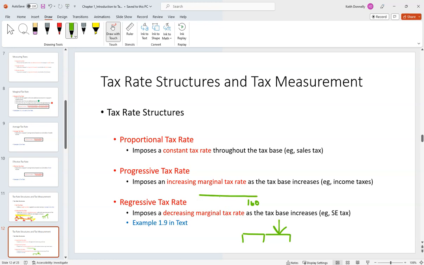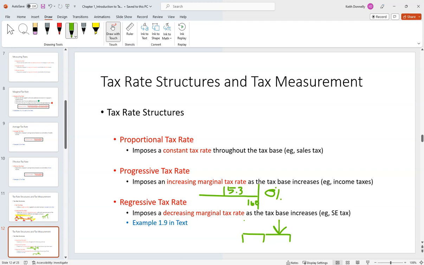Up until 160 grand of income, you pay 15.3%. Afterwards, it's like a cliff. Then you're phased out. It's no longer there. So technically for SE tax, it's regressive in the sense that at a certain point it just drops off. The more money you make, the lower the tax rate gets.